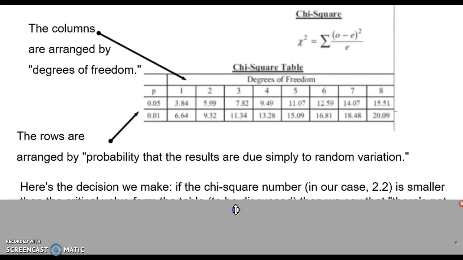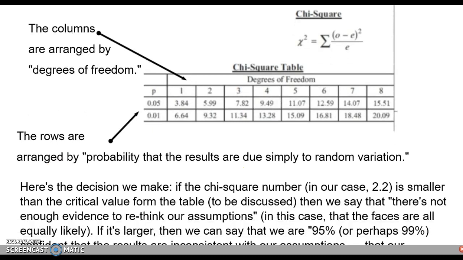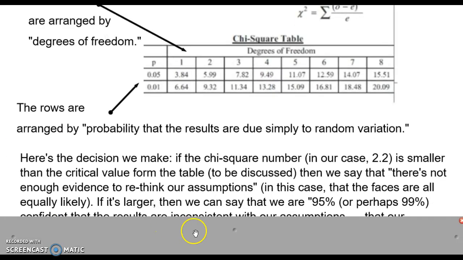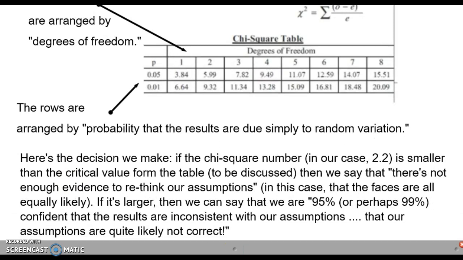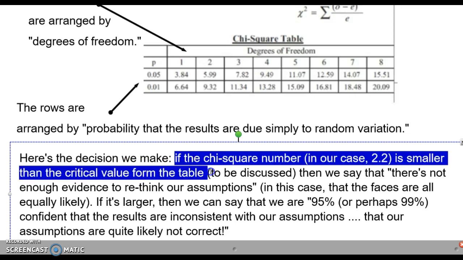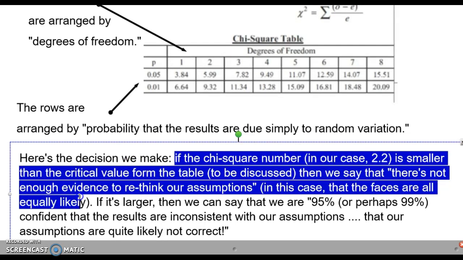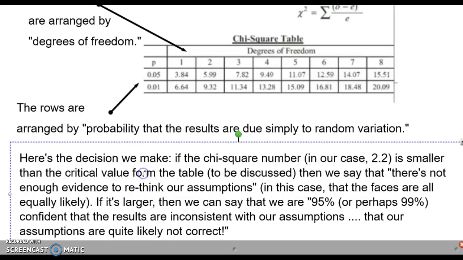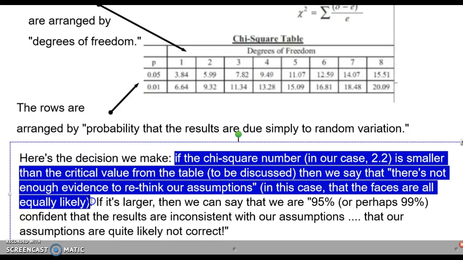But what do we do with that? Well, this is a little bit involved, but let's walk through it. First of all, if the chi-square number is smaller than a critical value from the table, then we say that there's not enough evidence to rethink our assumptions.